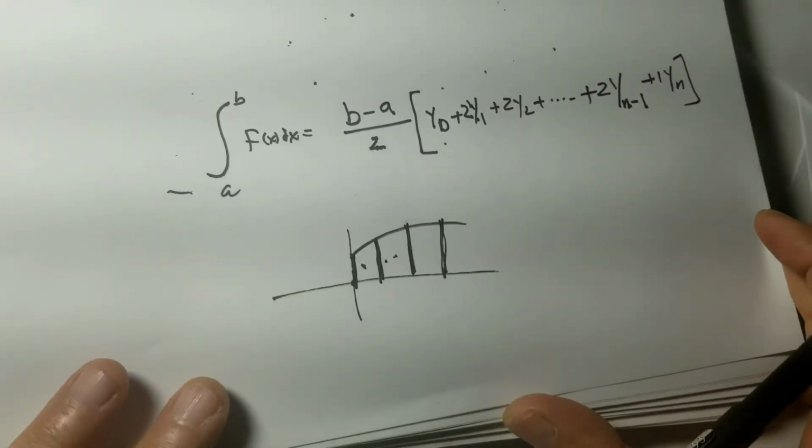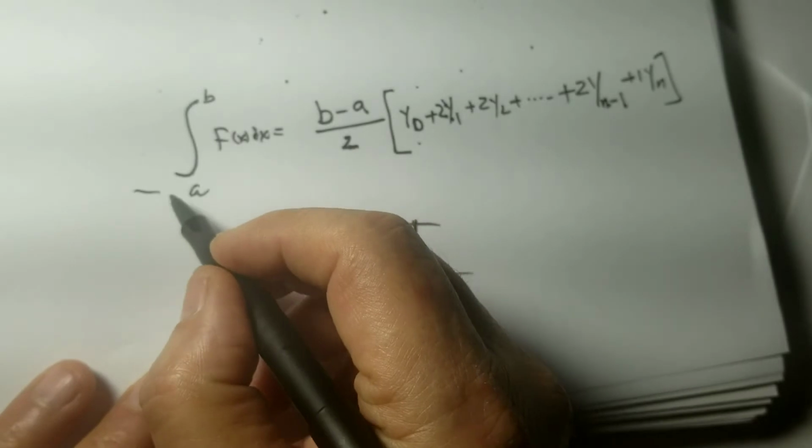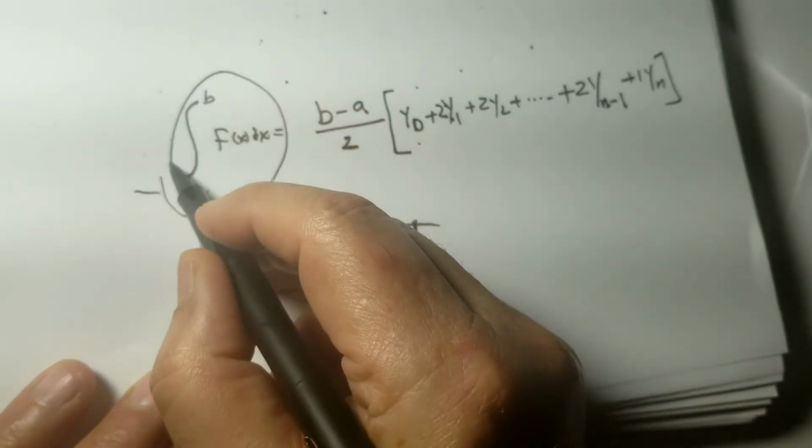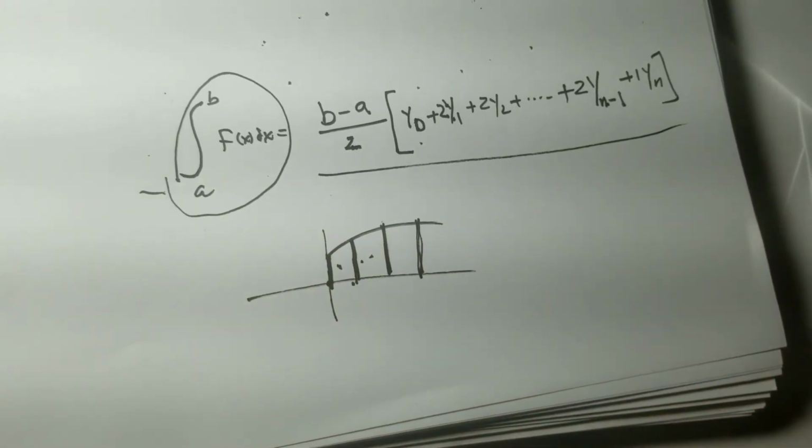That is the formula for finding the definite integral using trapezoid rules numerically.